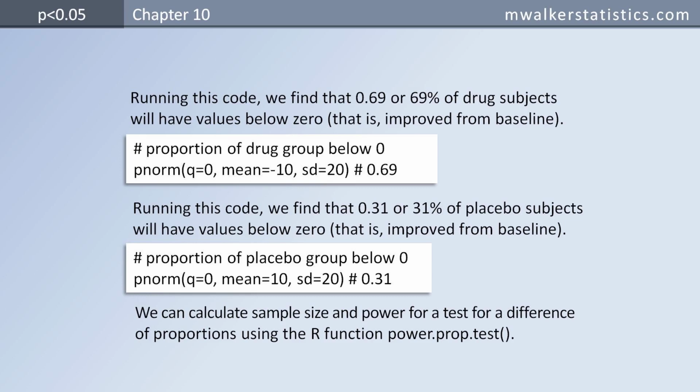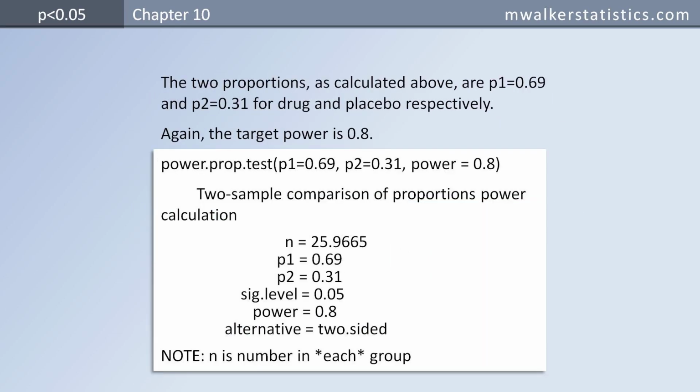We can calculate sample size and power for a test for a difference of proportions using the R function power.prop.test. The two proportions, as calculated above, are p1 equals 0.69, p2 equals 0.31 for drug and placebo, respectively. Again, the target power is 0.8.